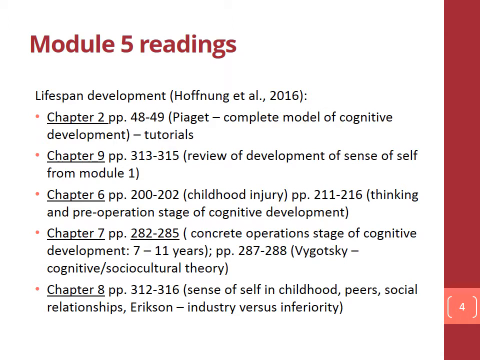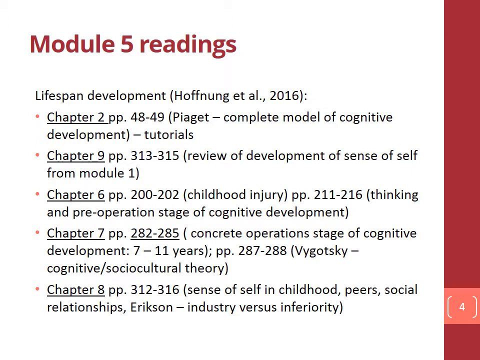Prosocial behaviour, temperament, antisocial behaviour, aggression, and some of the influences on children in the external environment are introduced in the reading in Chapter 7. And the third stage of Piaget's theory of cognitive development is emphasised in pages 282 to 285. Piaget's third stage focused on children between 7 and 11 years.